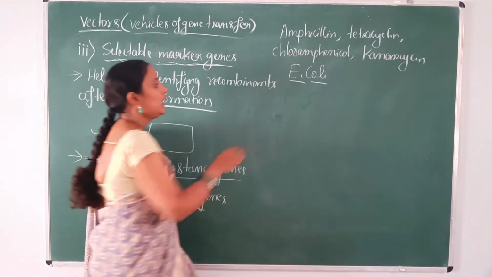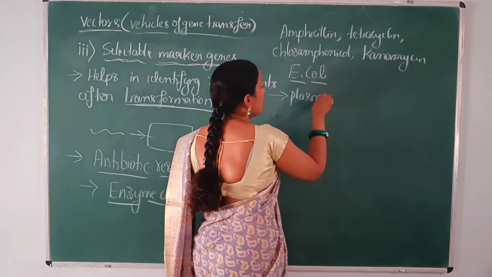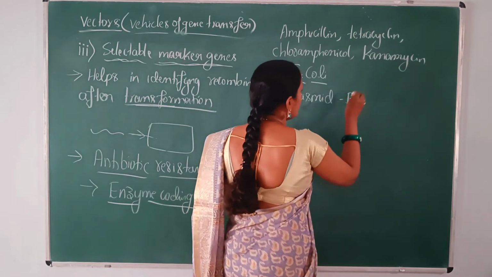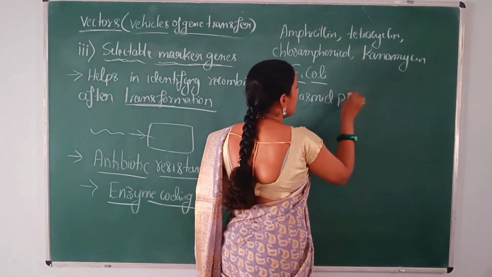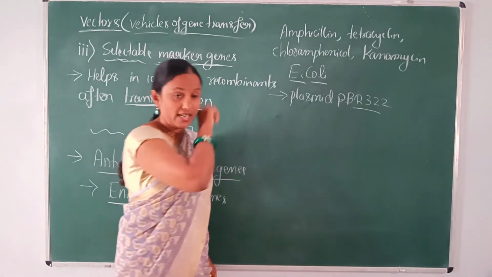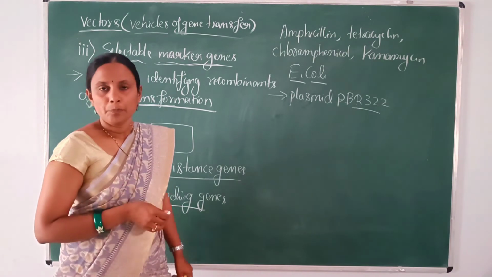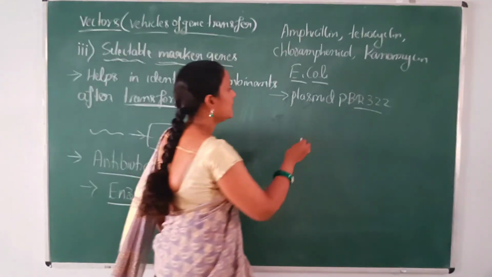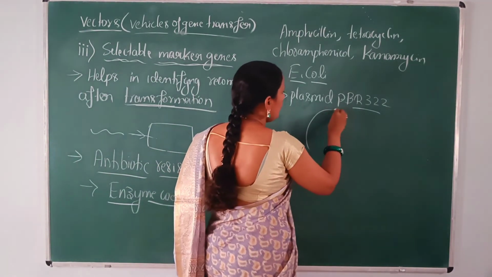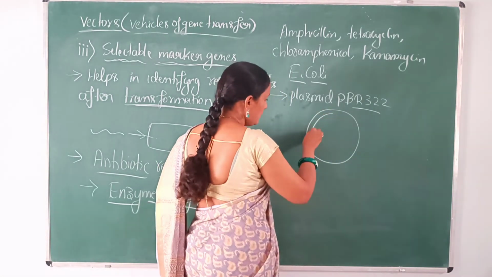And one more thing, in plasmids, the commonly used plasmid pBR322 is the first artificially constructed plasmid. Here it has two antibiotic resistance genes.